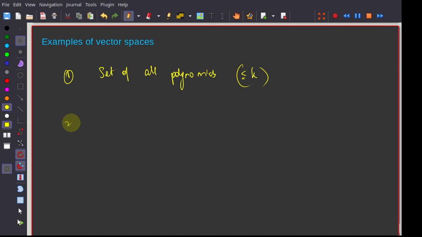Okay, so some more simpler vector spaces. Rn over R, Cn over C. In general, take any field F, then Fn over F is a vector space. What about F over F?